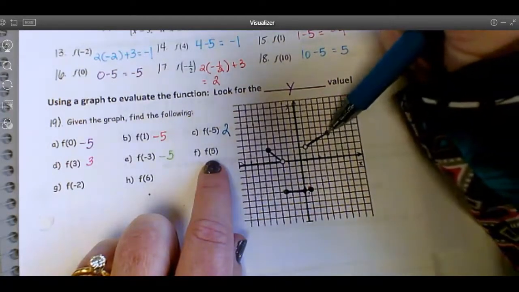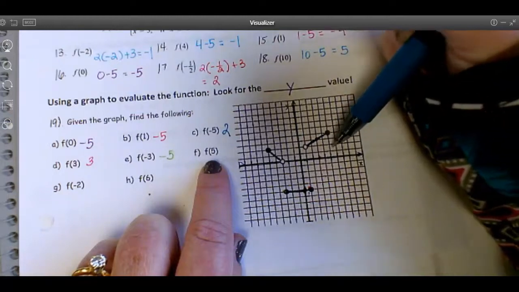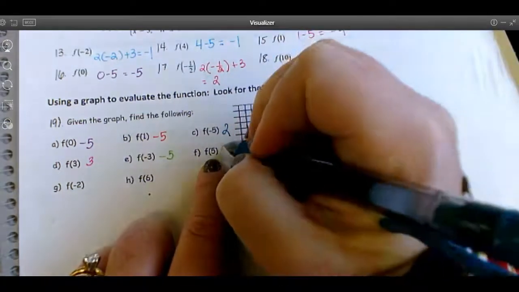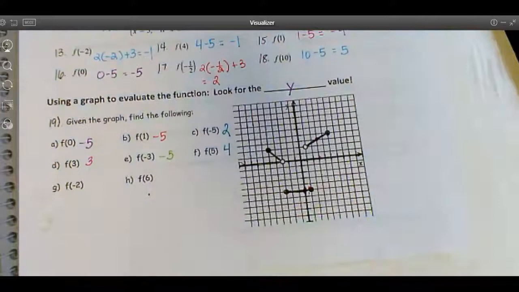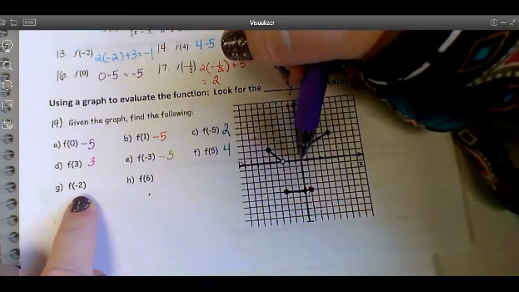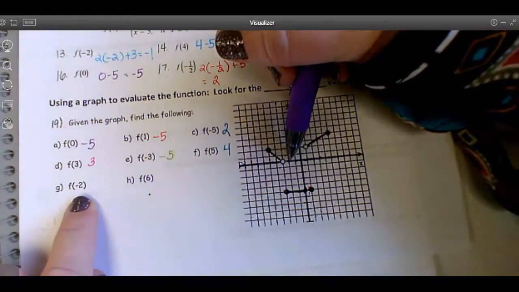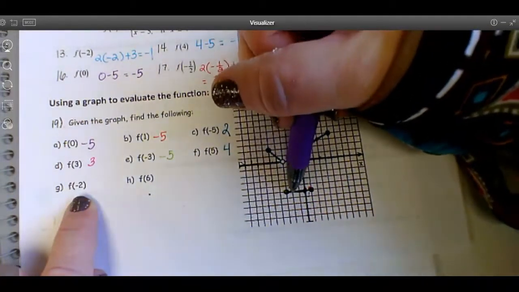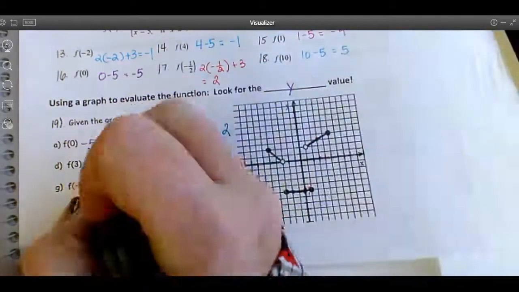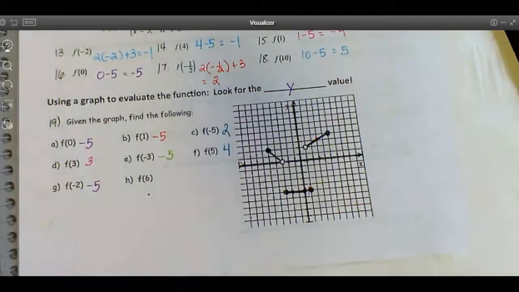Find the y value, which is up here. So 1, 2, 3, 4. So f of 5 is 4. F of negative 2. So we go to negative 2. Go down here where the function is, evaluate it. Still negative 5. There's a whole bunch of negative 5s.